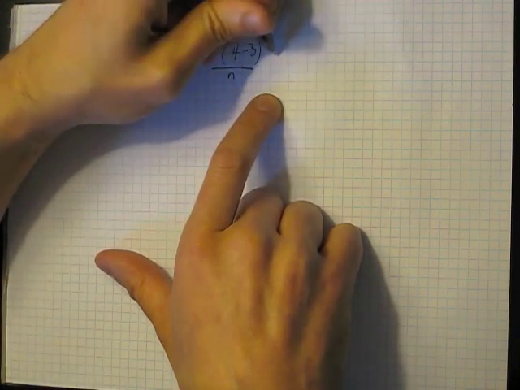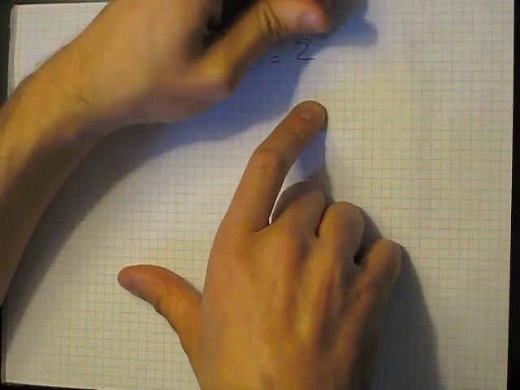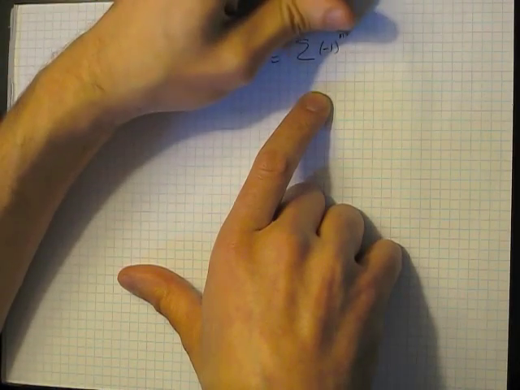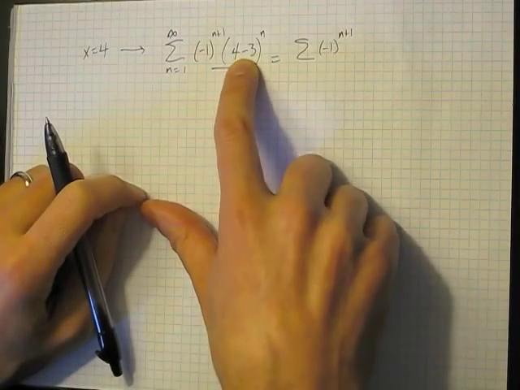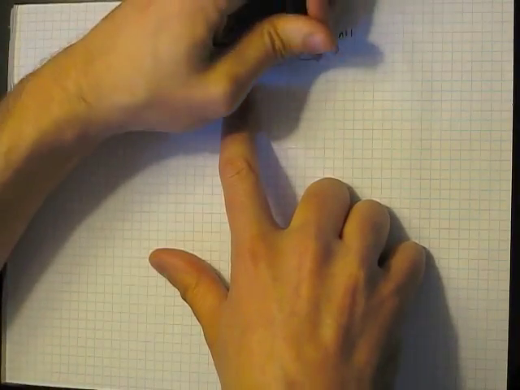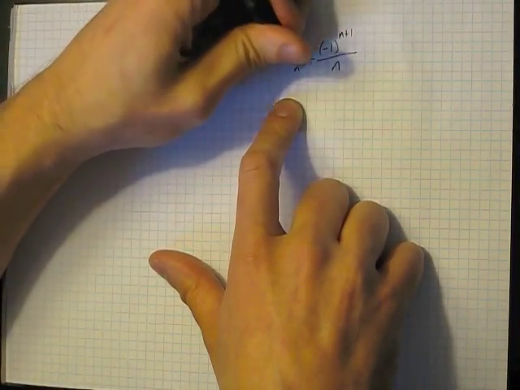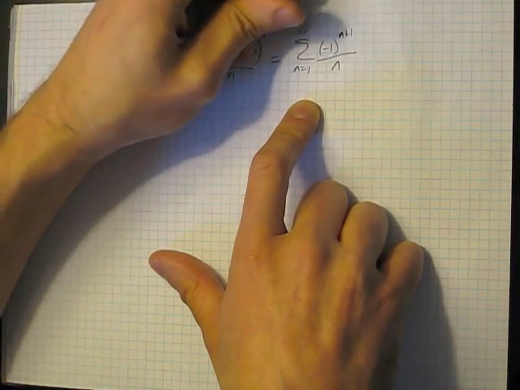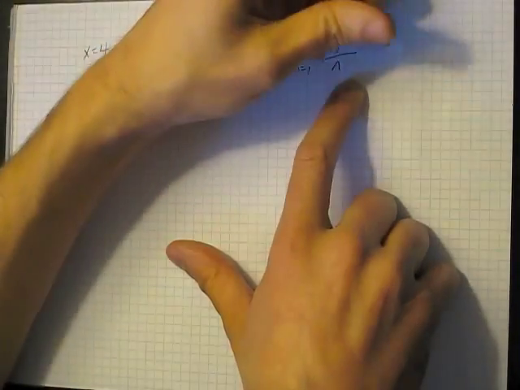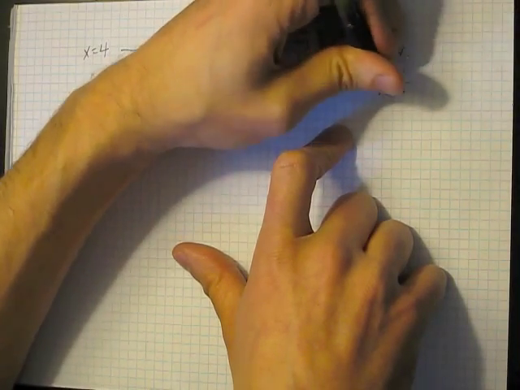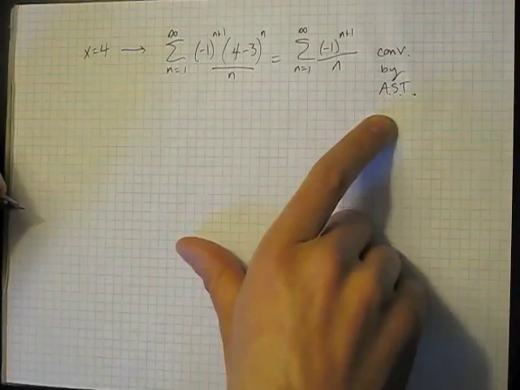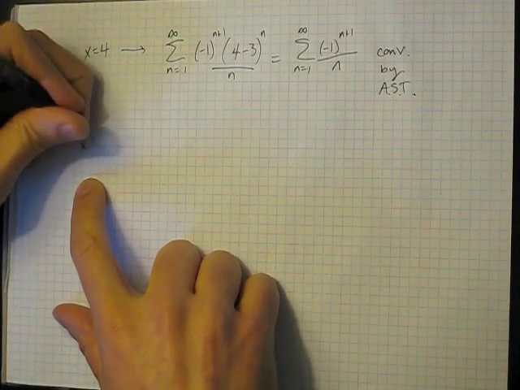This is really (-1)^(n+1) times, well, 4 minus 3 is 1, and 1 to the n is just 1. And so we get this series here. This converges by the alternating series test, so that means that x equals 4 gets included.